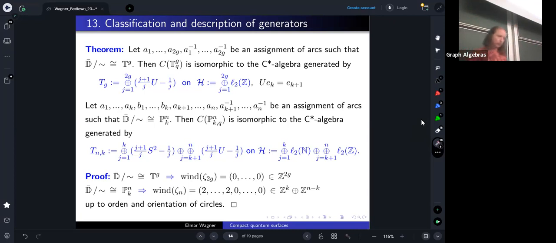You always have to take pairs. You can take the first one as S star squared, and then in any copy take one of the S squared, make it unitary, and that's it. Those are our generators.